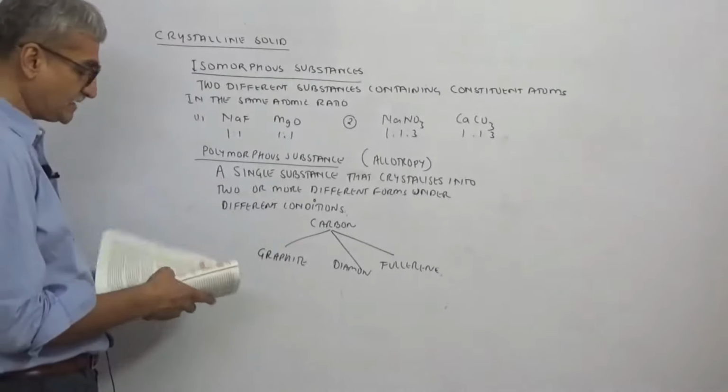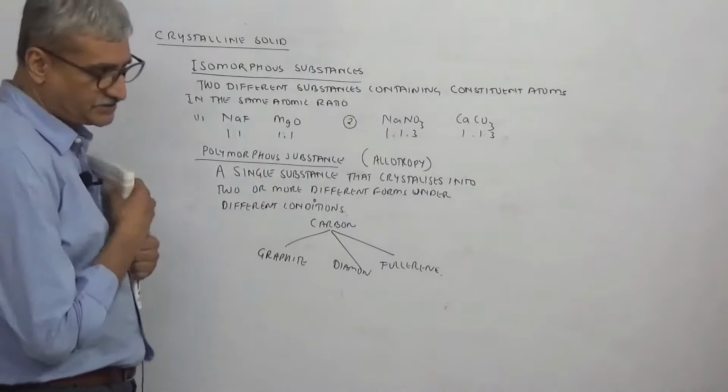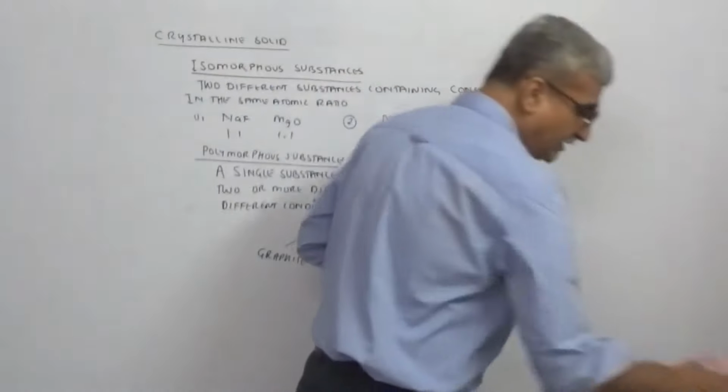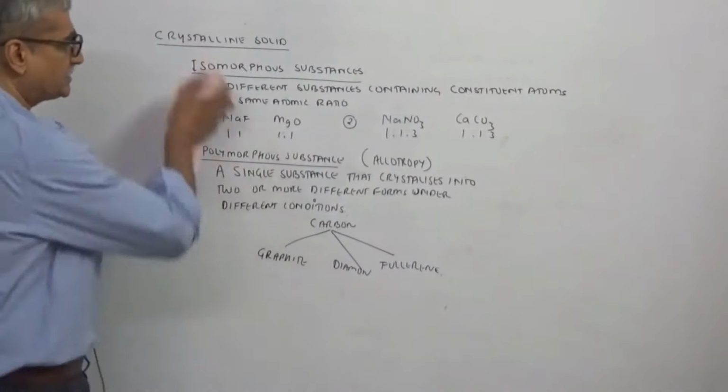Then what are we coming to? We are coming to classification of crystalline solids. So let us start with that. This will start today and continue to the next lecture also.